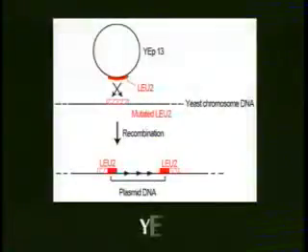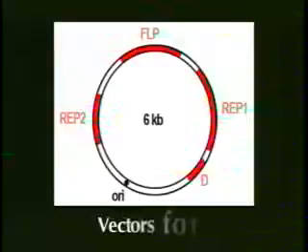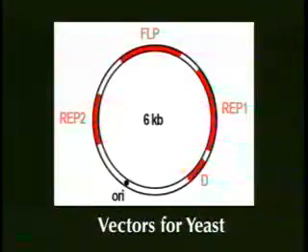Now, what are yeast episomal plasmids? It is a yeast vector with the ability to replicate autonomously without integration into a yeast chromosome. Yeast vectors with this property have been built around a naturally occurring yeast plasmid.